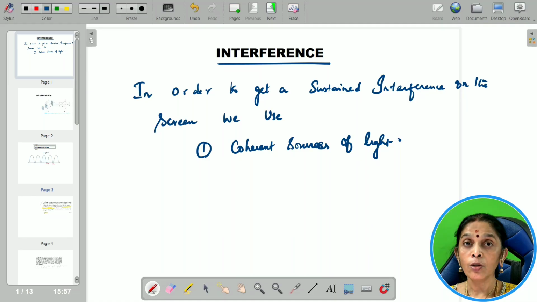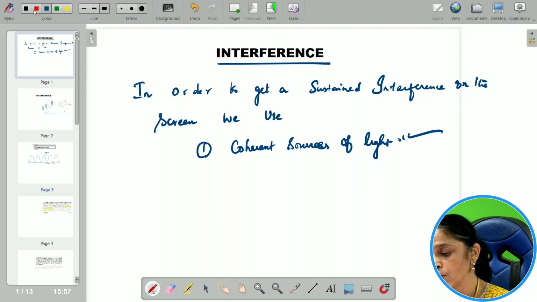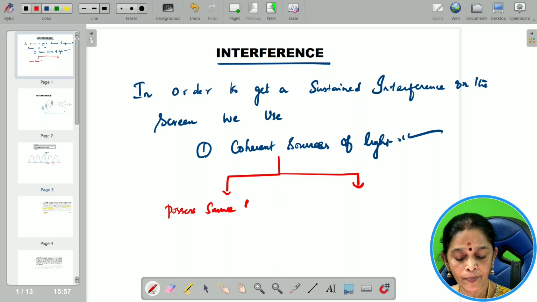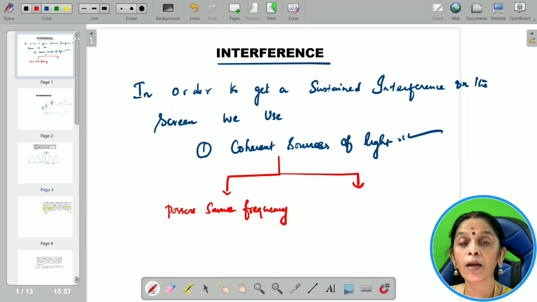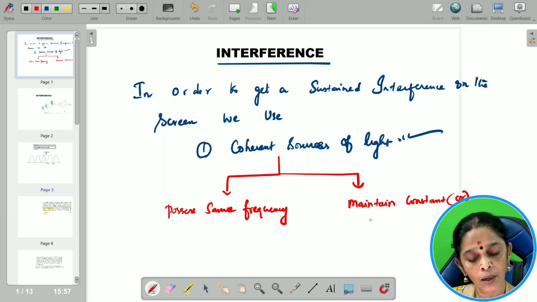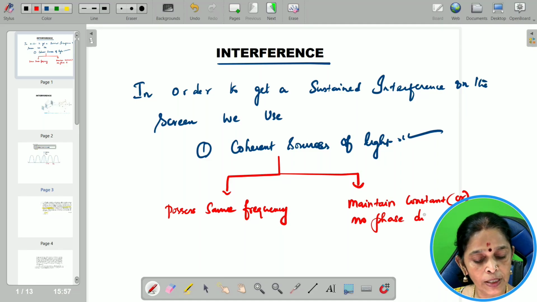Therefore, to get a sustained interference, a permanent interference pattern on the screen, you have to use coherent sources of light. So what are coherent sources of light? The two important points: two sources of light are said to be coherent only if they possess the same frequency, of course the same wavelength, and they maintain a constant or no phase difference.